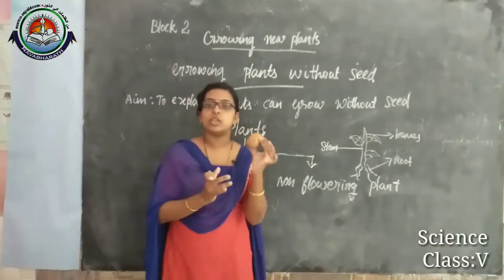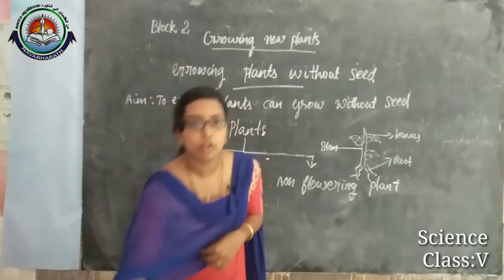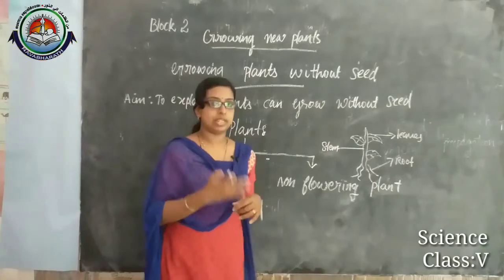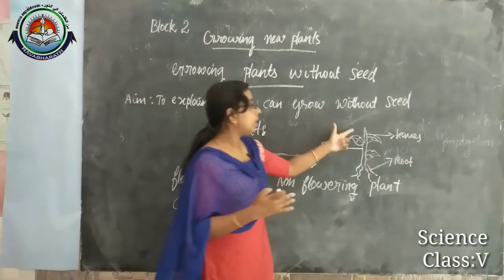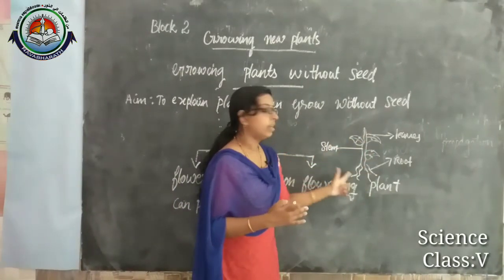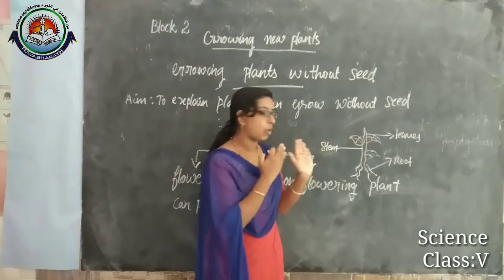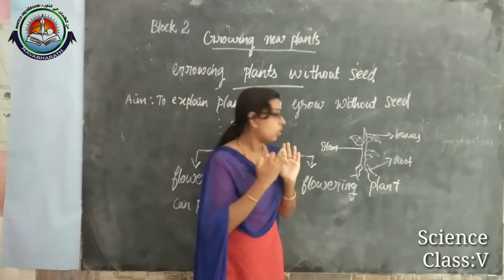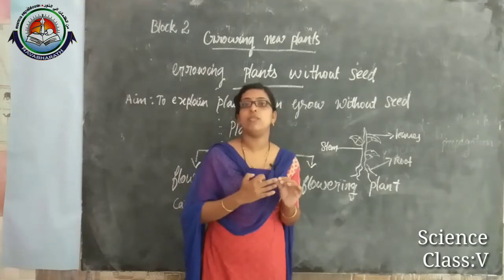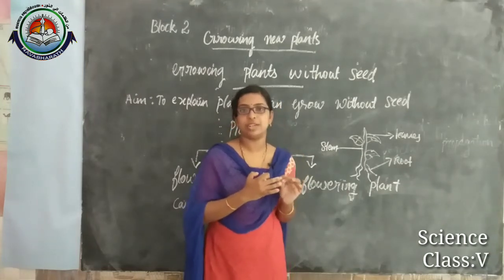This kind of producing or growing of a plant without seed by using the parts of a plant, for this process we can call it by one name, that is vegetative propagation.